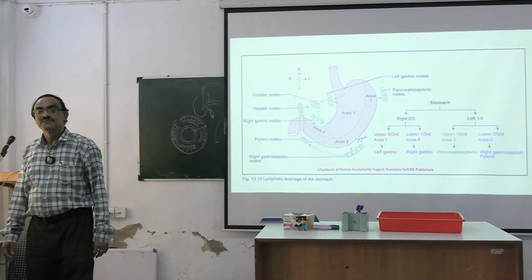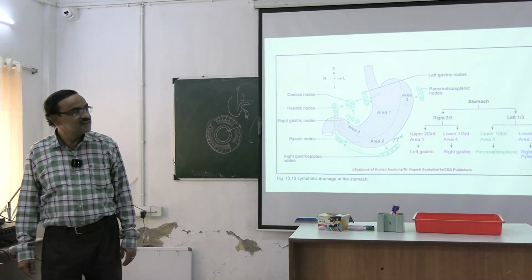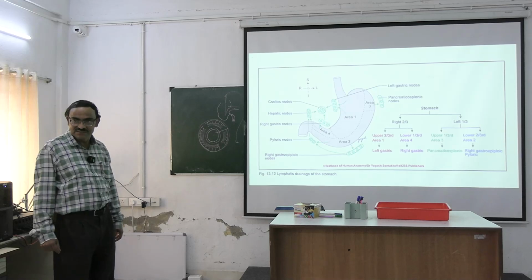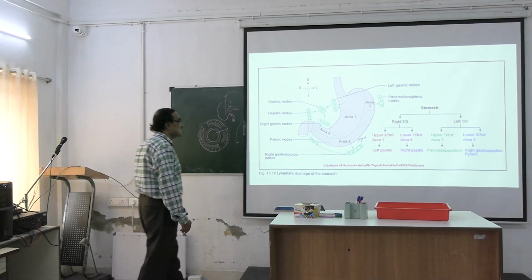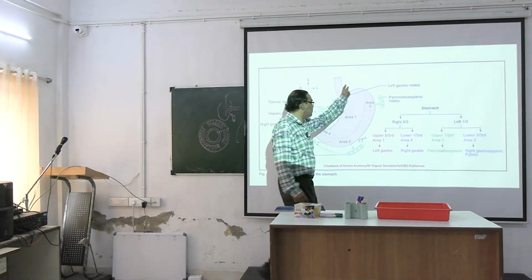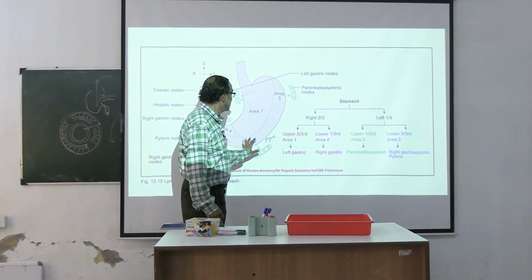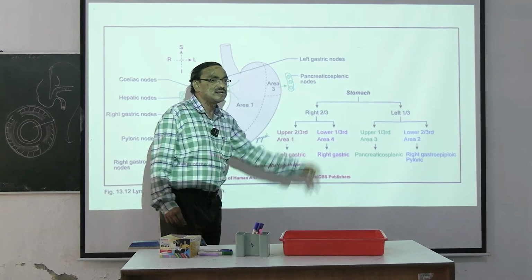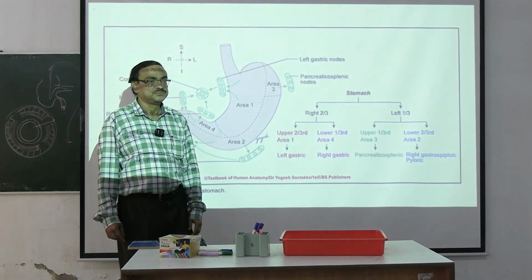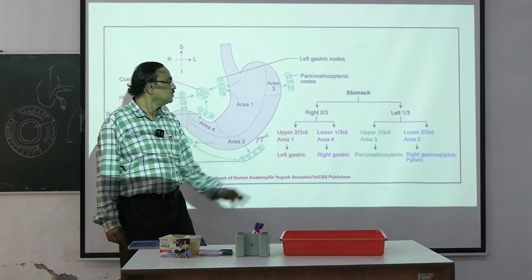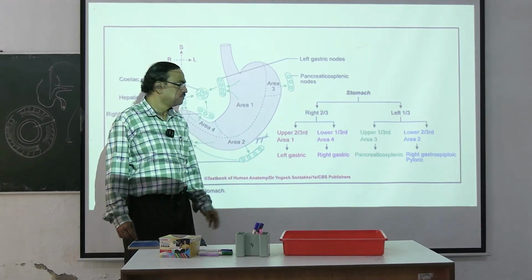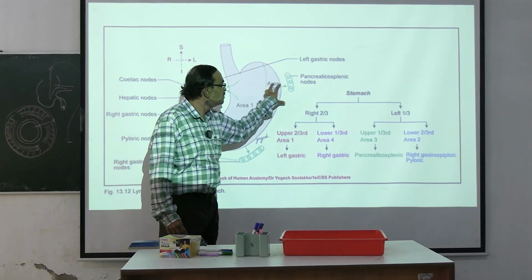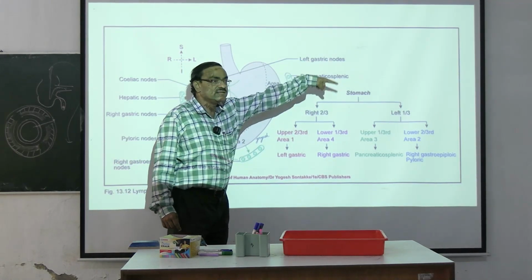We know left gastric artery, right gastric artery, splenic artery, around those arteries it will move, and ultimately they will drain from the left area into the pancreatico-splenic group of lymph nodes, because behind the stomach bed we are getting the pancreas, and here we are getting the spleen.